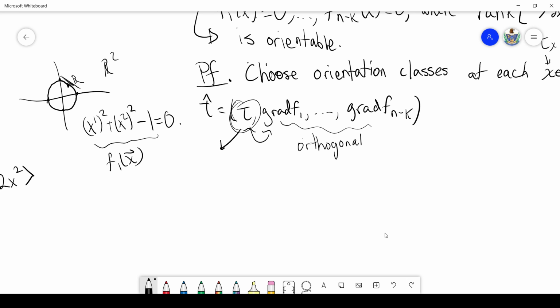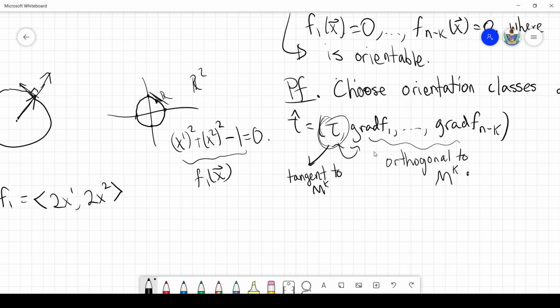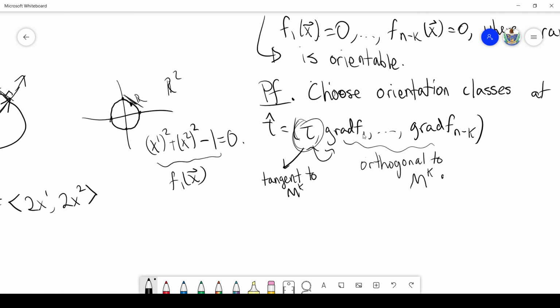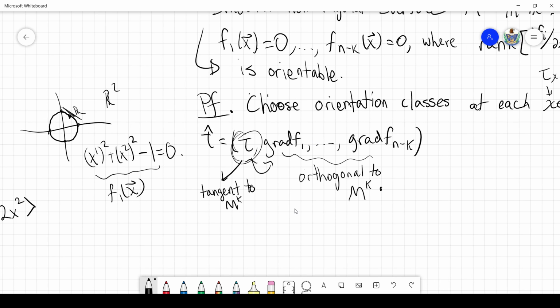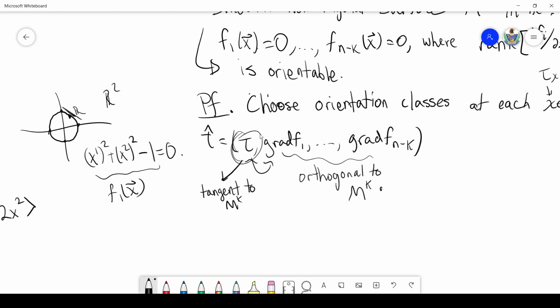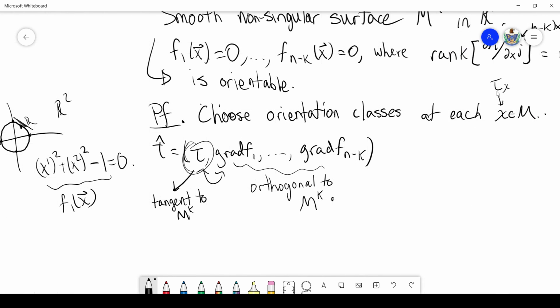So this is tangent to MK, and the gradients are going to be orthogonal to MK, which is a standard fact of gradient vectors from multivariable calculus. And the important thing to note here is that we know the tau are linearly independent, because they're a basis for a tangent space.